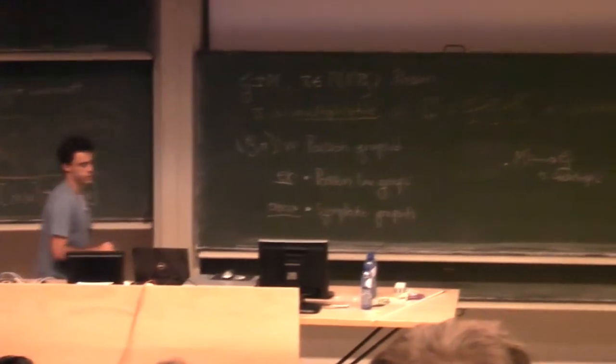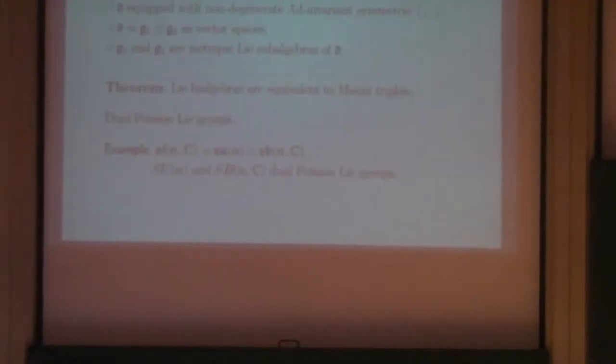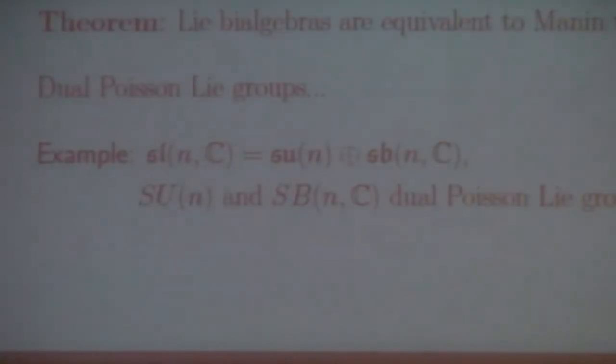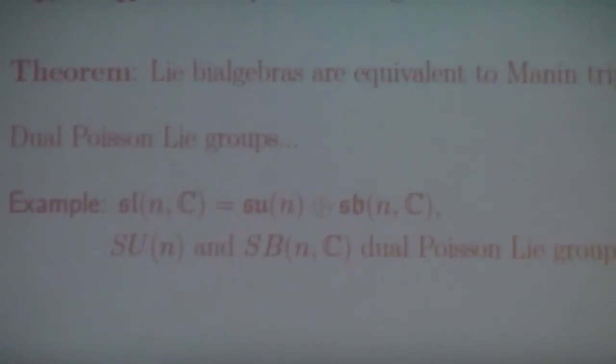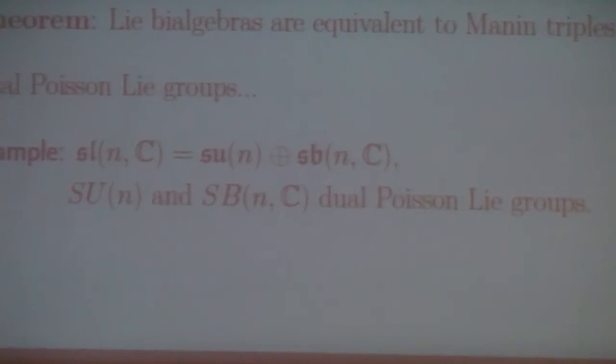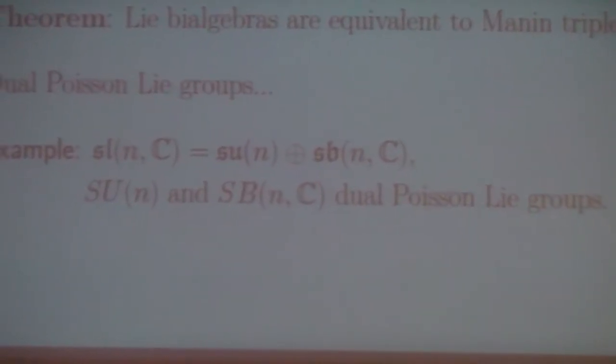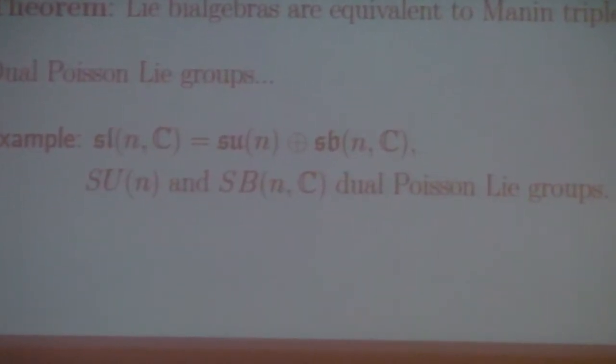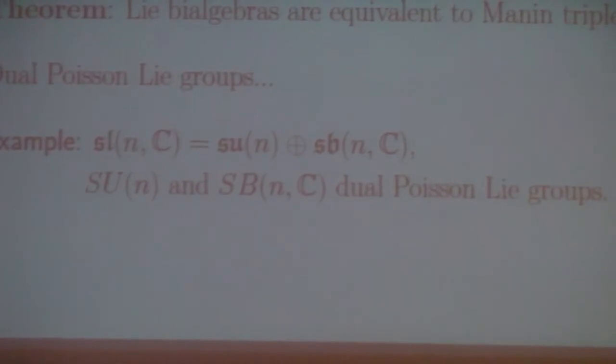But there are much more interesting examples. For example, there's a natural way that you can split SL(n,C) as a direct sum, and you have a scalar product there, which comes from taking the imaginary part of the trace, and this makes the triple SL(n,C), SU(n), and SB(n,C) into a Manin triple, and this is a way to see that SU(n) inherits a natural Poisson Lie group structure, and the dual group you can also identify.